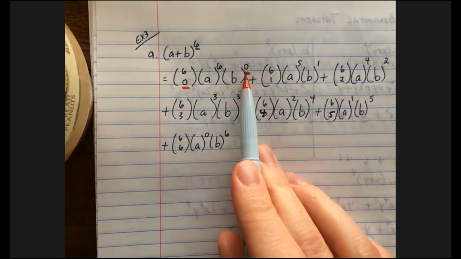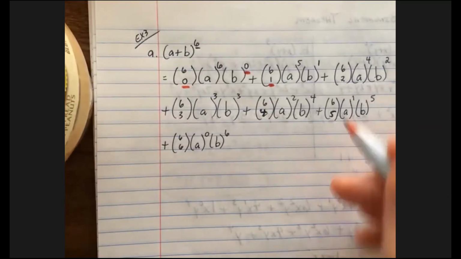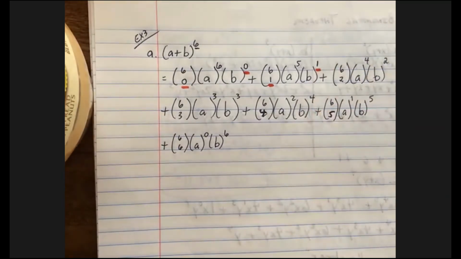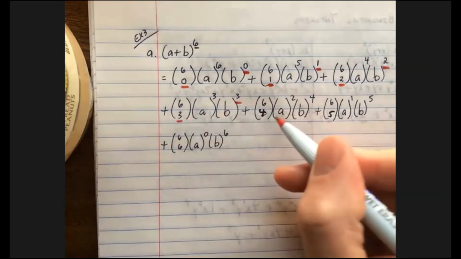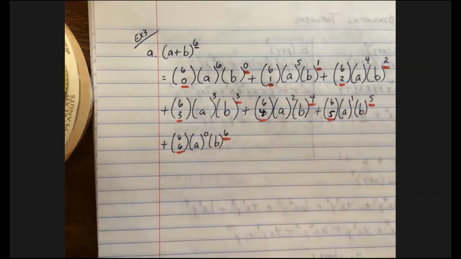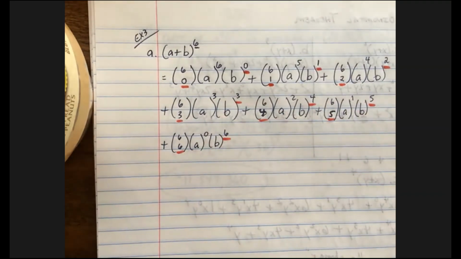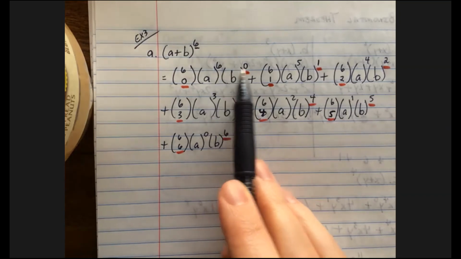So notice right here on this term, it was a 1, and the exponent on our b is also a 1, and it continued all the way through, a 2 and a 2, a 3 and a 3, 4, 4, 5, 5, and then of course our last term had 6s. And the other thing I'm going to talk about is that you notice that these exponents are 6 and 0.